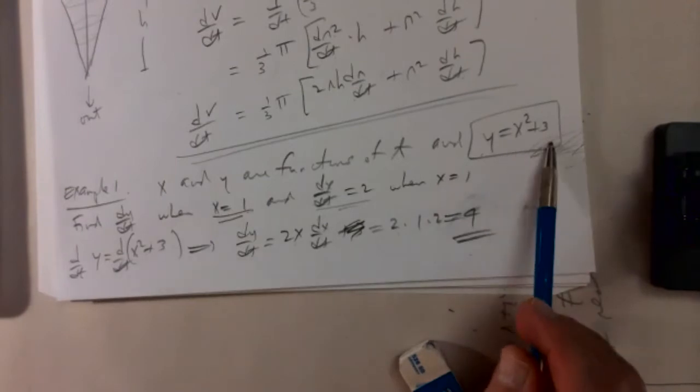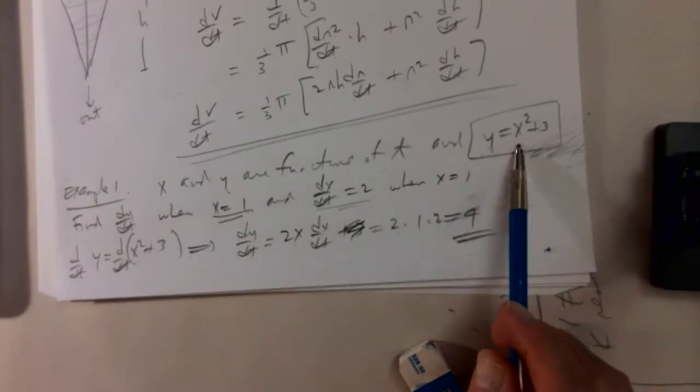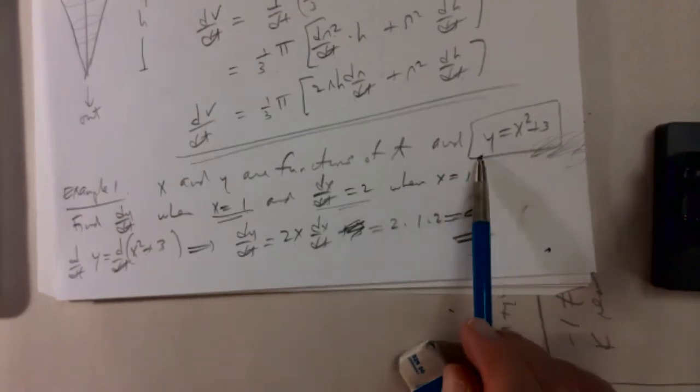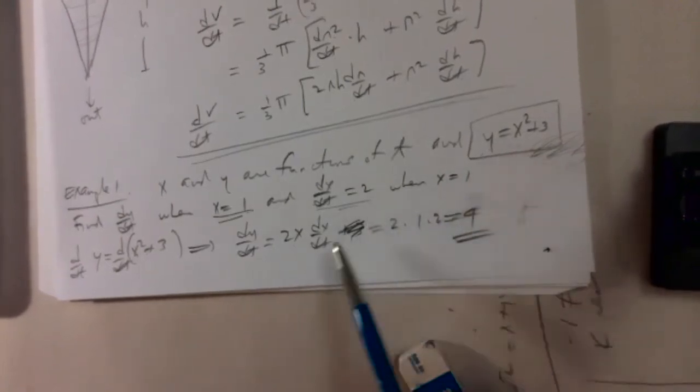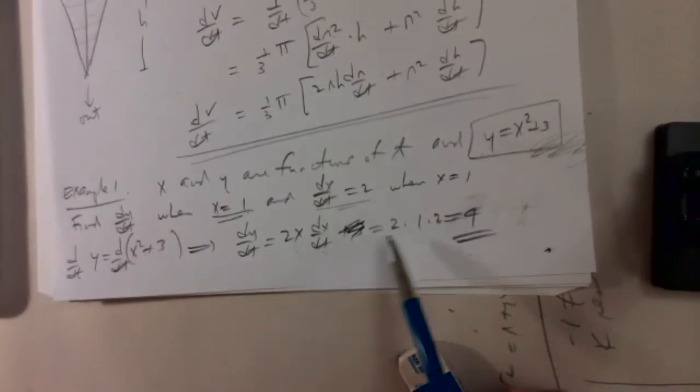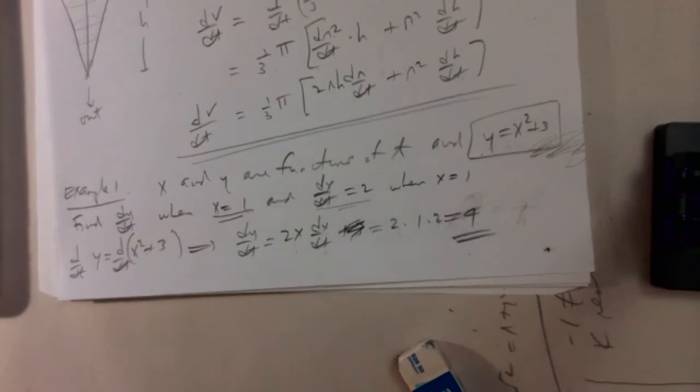Y equals x squared plus 3, but y and x are functions of t. When you differentiate with respect to t, you get dy dt is 2x dx dt. When x is 1 and dx dt is 2, you get 4. That's the answer to this related rate problem.